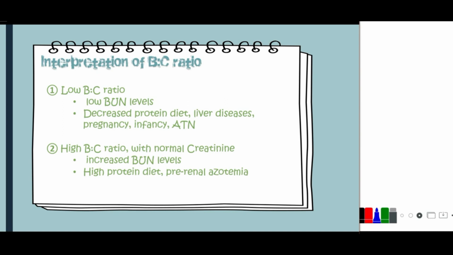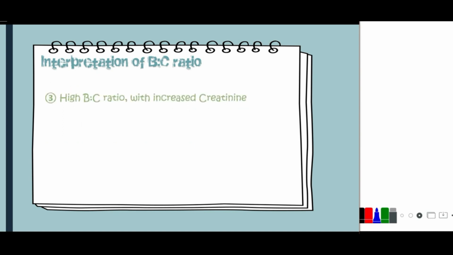The third BC ratio result to be interpreted here is a high BC ratio with increased creatinine. So, high BC ratio, again, this is because of an increased BUN. But this time, mataas rin yung creatinine. So, this could be explained first with the presence of post-renal azotemia, or that means there is obstruction or occlusion of the urine flow along the lower urinary tract.